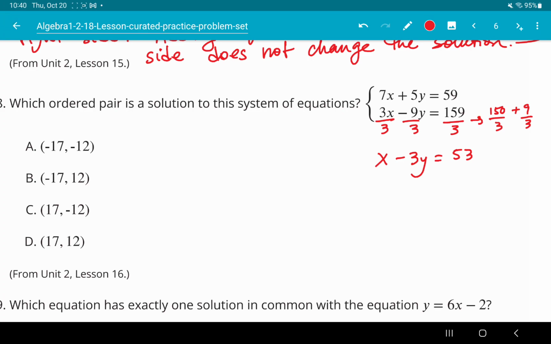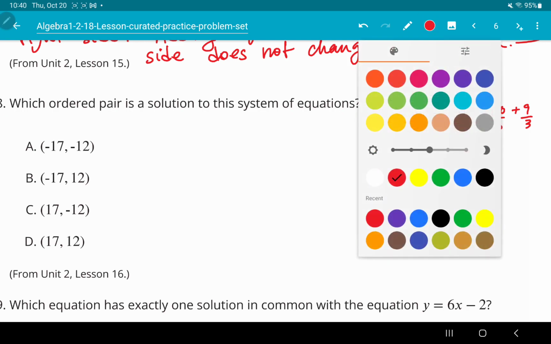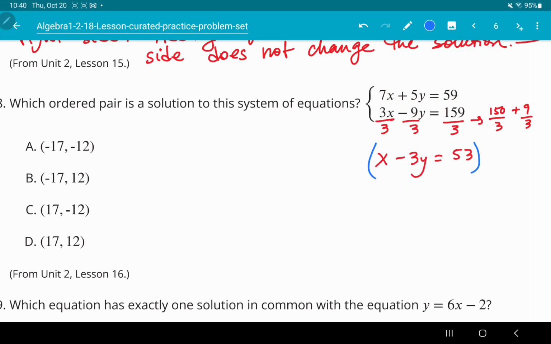Okay, so now we have some choices. We could solve for x, so we could shift to a substitution method, or we could scale. And I think let's continue using elimination. Let's multiply this whole equation. Since this one is a positive 7, let's multiply this by a negative 7. So we're going to have a negative 7x.